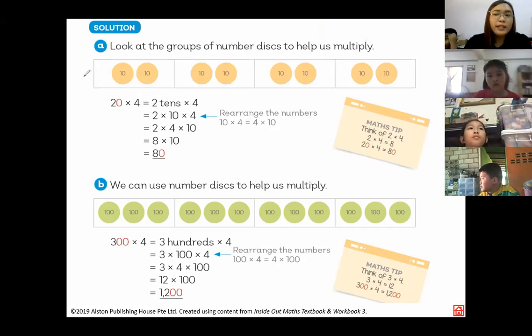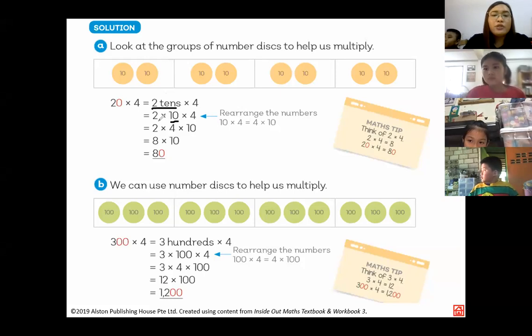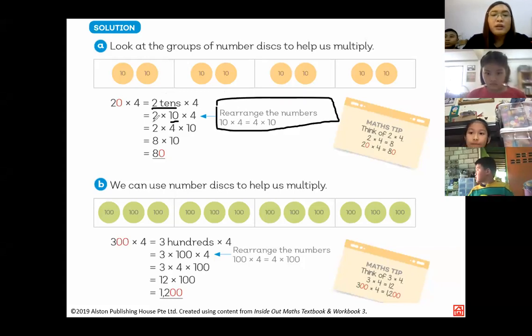There are 2 tens in 20. So all we have to do is 2 multiplied by 10 and then multiplied by 4, because we have 2 tens. Now let's rearrange the numbers. We put the 4 after the 2. So that's 2 times 4 times 10.